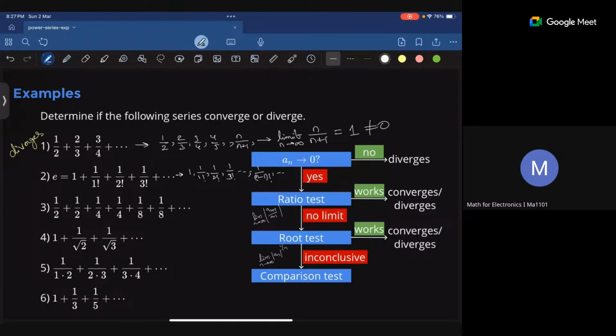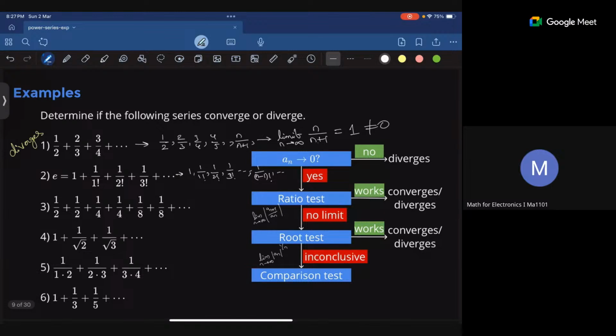Now we have to use a different test, the next test, which is ratio test. You can check the ratio test. Yes, Shudhanshu. Sir, how will that be equal to 1? Limit n tends to infinity, n upon n plus 1. So you can bring this n to the denominator, no? You divide the numerator by n and denominator by n.